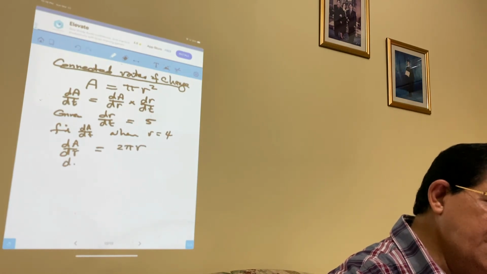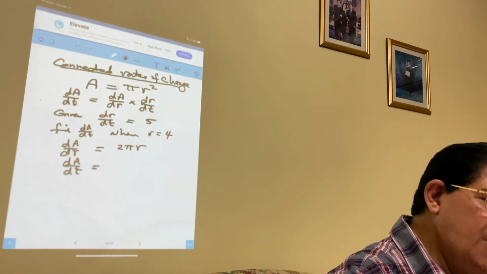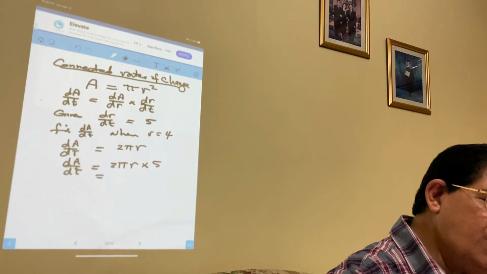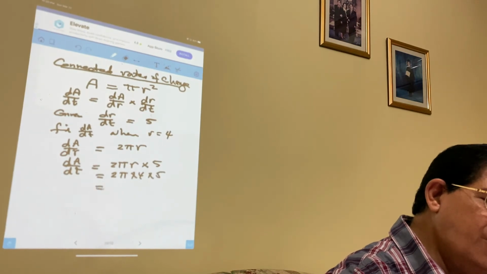Therefore, dA by dt equal 2 pi r times the rate of change of r, which is 5. And we substitute r equal 4, 2 pi times 4 times 5, we get 40 pi.